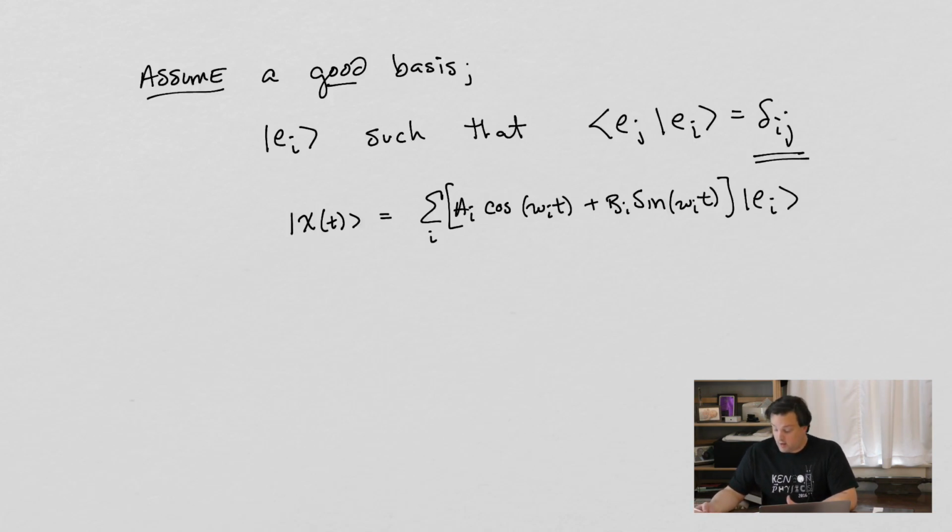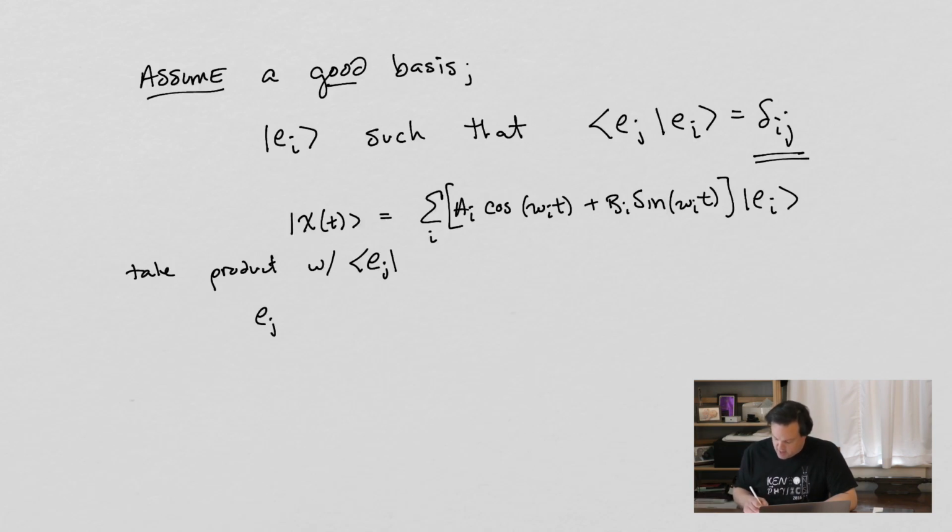I have to do a dot product. I have to take the dot product of both sides of this expression with some arbitrary member of my basis. So let me take the dot product with, let's say, generally we use something like e sub j.